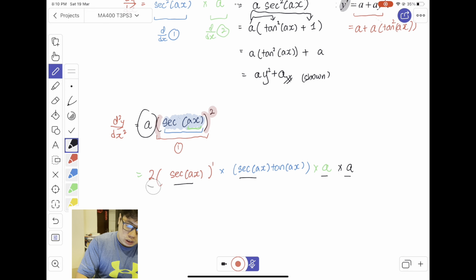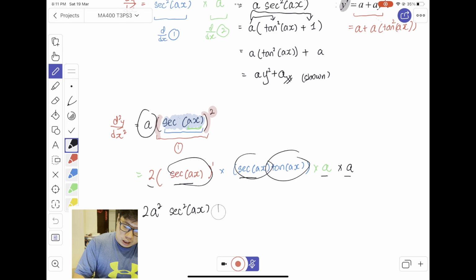So 2a squared, simplifying this, secant and secant gives me sec squared ax, tan ax.